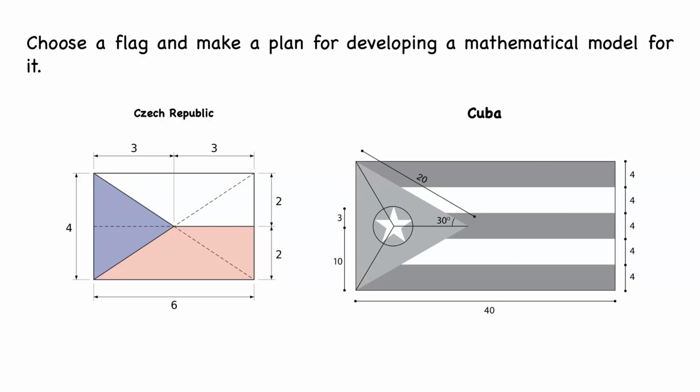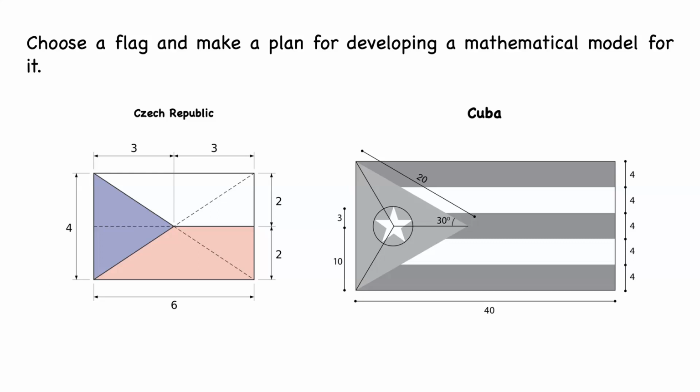But if there was time, we were thinking of having you pick one of these flags and think about a plan. This would be a good thing for your homework or to do with your students. Pick the flag of the Czech Republic. What is your game plan? How are you going to put that on TI technology? Where are you going to put the origin? How are you going to make those line segments? What are you going to do?